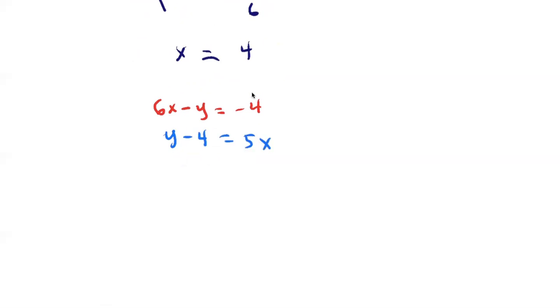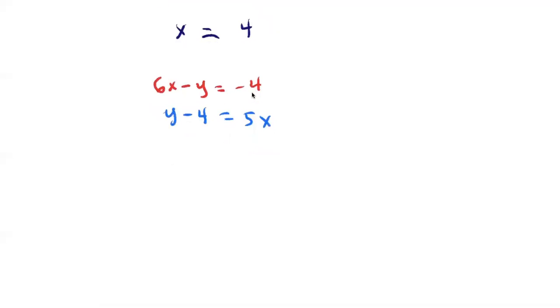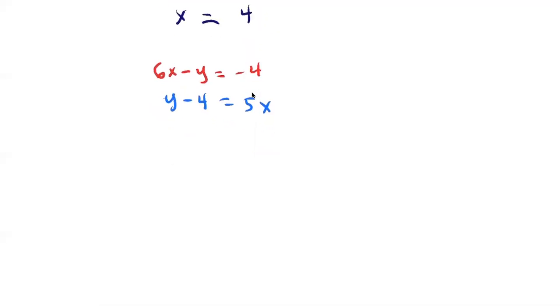Let's work with this bottom equation here, and solve for y. Remember, we always just isolate the variable, no matter what we're doing. The minus 4 is bothering me right now, so let's add 4 to both sides to get y alone. This cancels out, so we're left with y is equal to 5x plus 4.